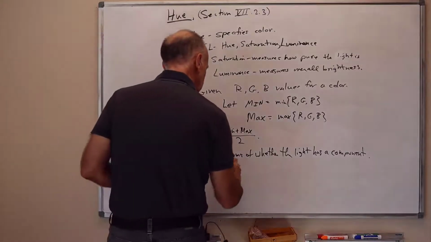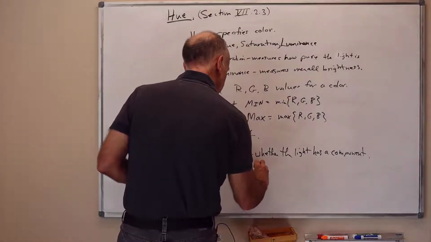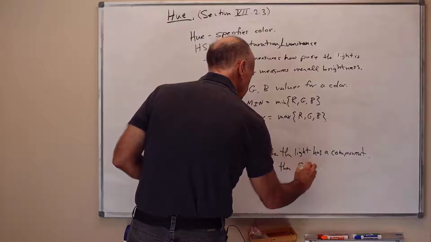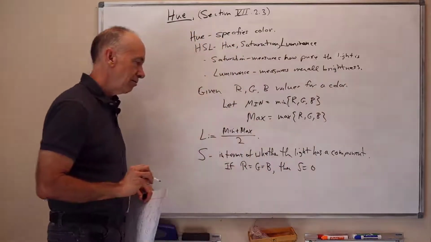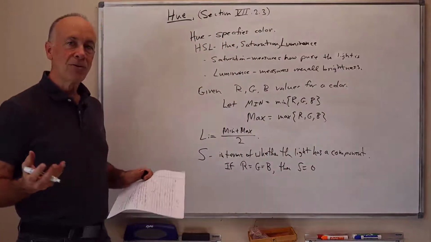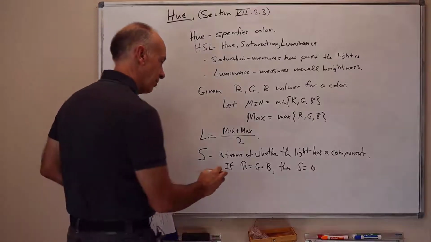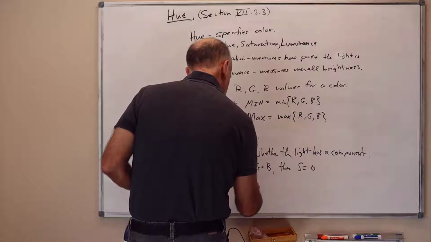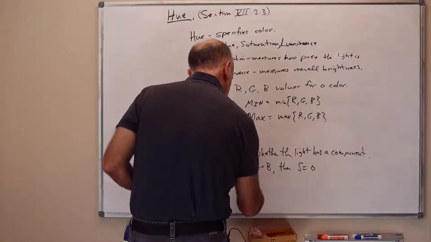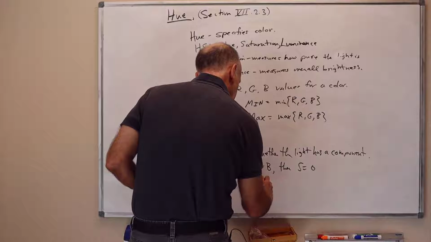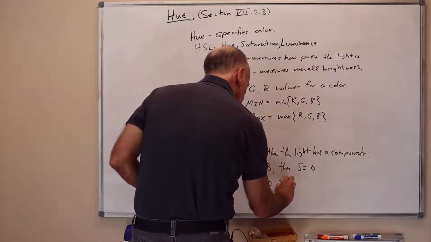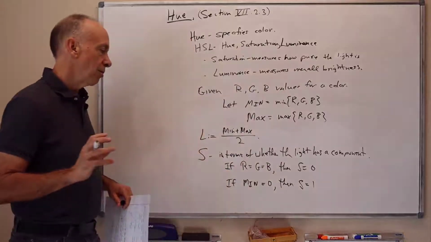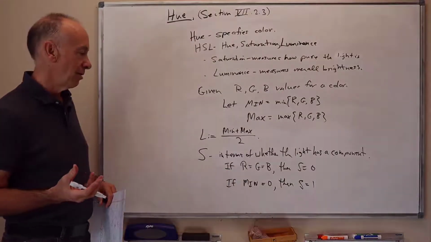So if R equals G equals B, then the saturation is 0 because there's no actual color. It's just a gray or a white or black. If the minimum value is equal to 0, then the saturation is 1. There's no component of whiteness in the color at all.